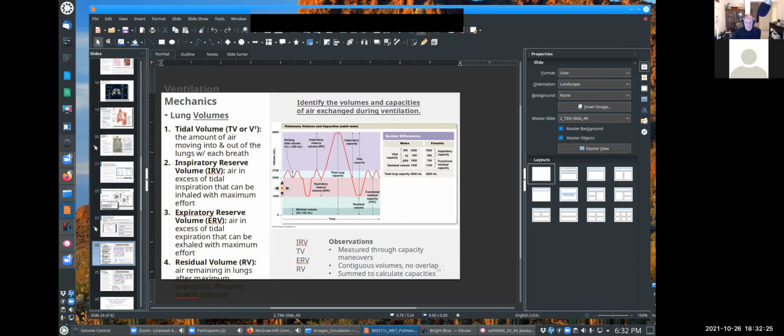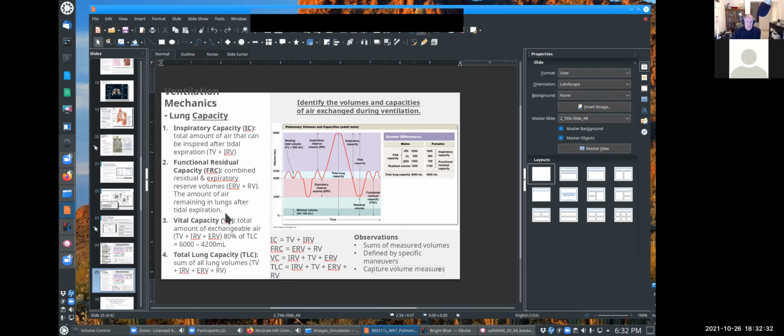Vital capacity is where you take as deep a breath as you can, and then you blow as much out as you can, and whatever you blow out is vital capacity.